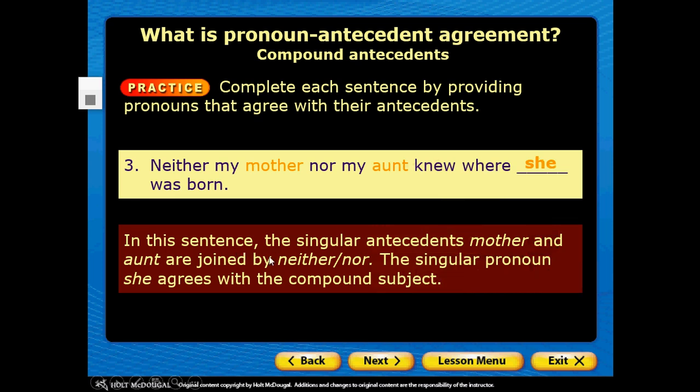In this sentence, the singular antecedents, mother and aunt, are joined by neither nor. The singular pronoun she agrees with the compound subjects. Okay? So she obviously agrees with the antecedents here, mother and aunt.